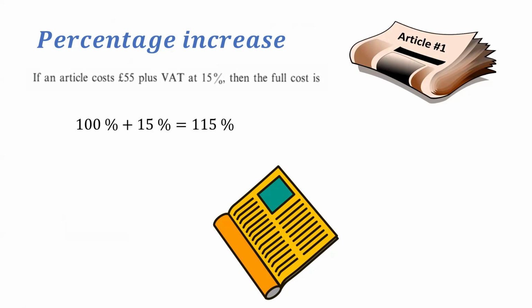So altogether 115 percentage. Now what we have to do is put 115 divided by 100 and then multiply by 55, which is the article cost. After the VAT increment, we will get the answer as £63.25. So that is the new cost for the particular article.